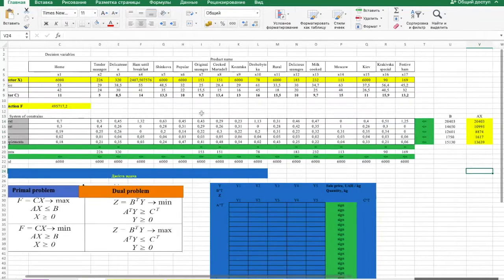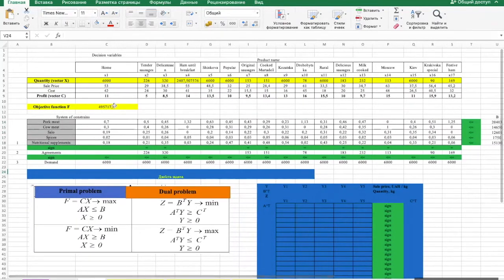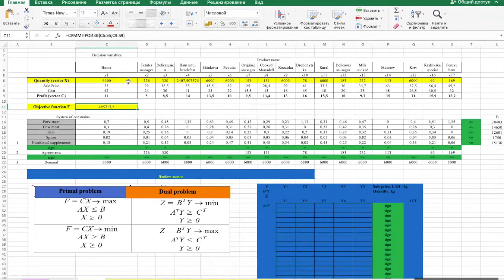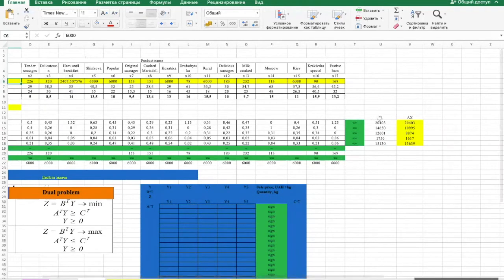So we have our function, we have our x, 17 decision variables. We have our constraints by our available quantity of resources, our b.